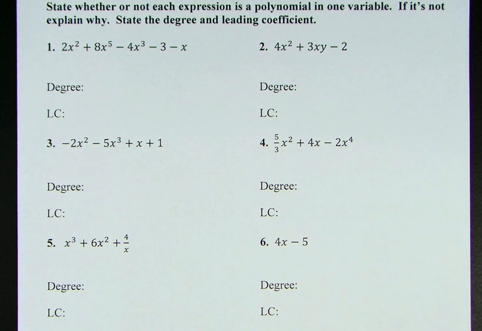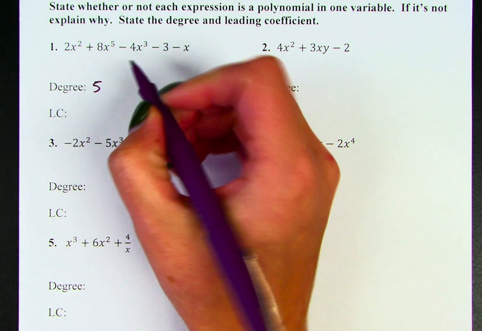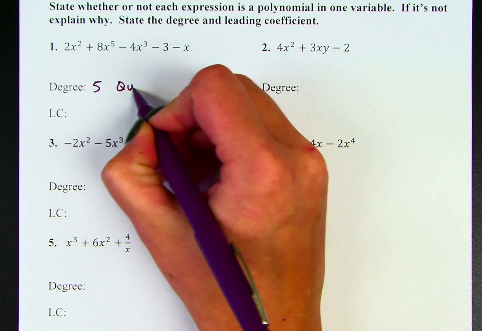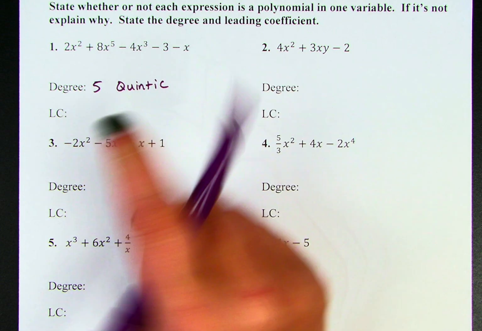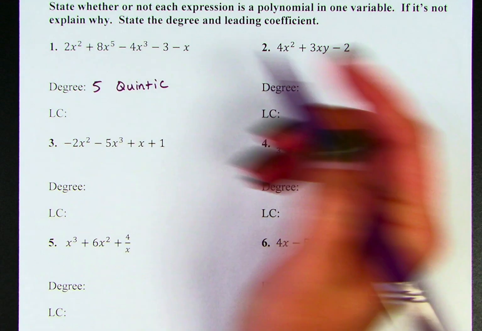All right, so as I'm looking at problem 1, our highest degree is 5. So again, we would say that that is a quintic. And then the leading coefficient would be 8 because that's the number in front of our variable with that highest exponent.